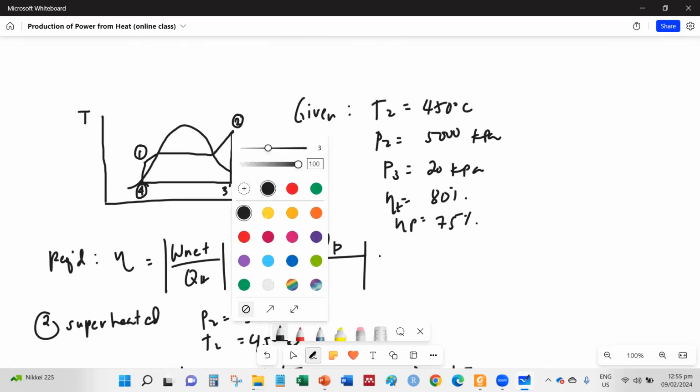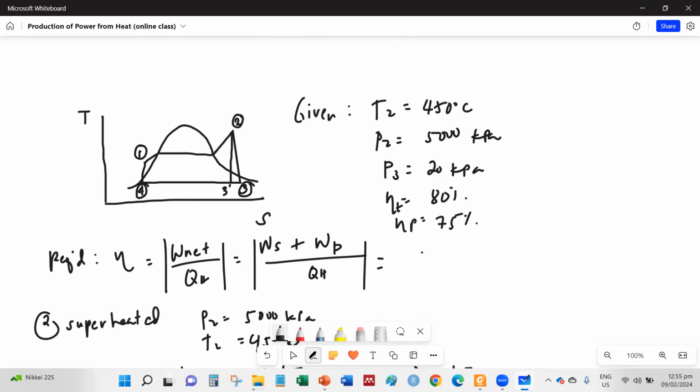If you remember from the lecture, how do we solve this? It's just H3 minus H2 plus H1 minus H4.